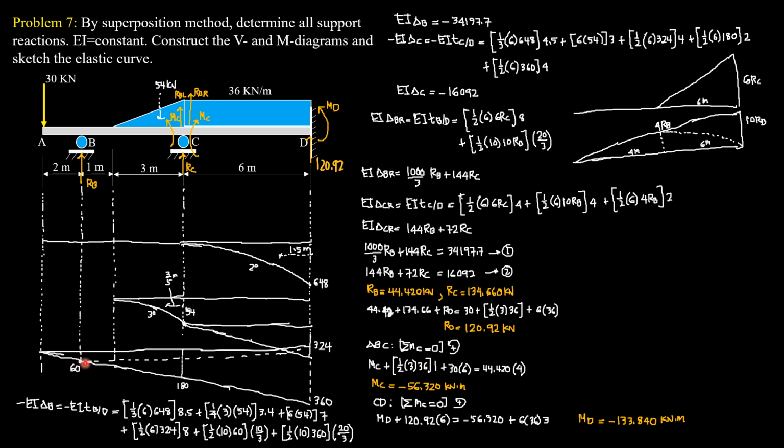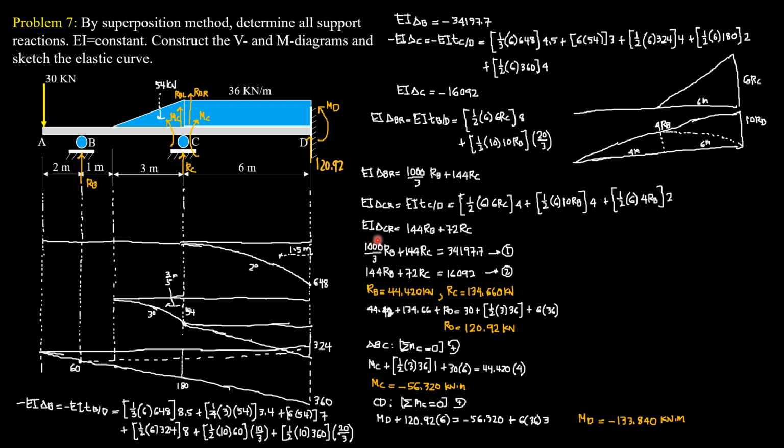Then plus this remaining triangle, 1/2 of 10 times 360, and the centroid from B is 2/3 of 10, which is 20/3. Therefore, EI delta B is negative, combining these values, negative 34,197.7 kilonewton meter cube. I will not show the units anymore, and it should be in kilonewton meter cube.